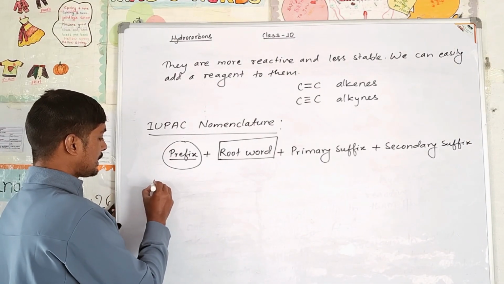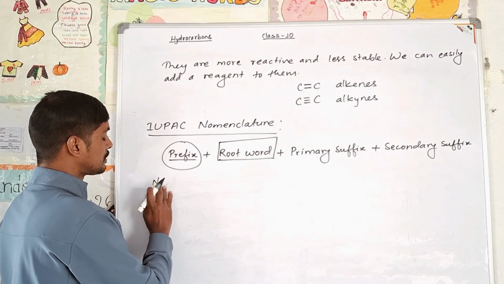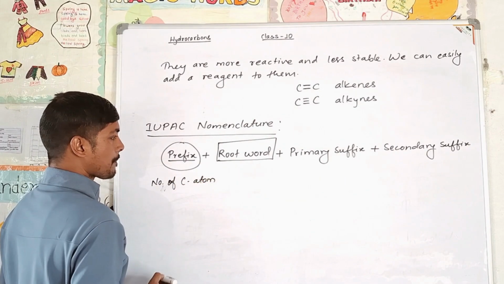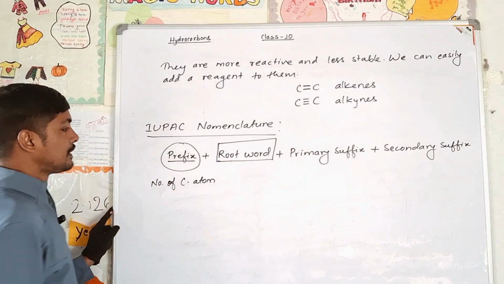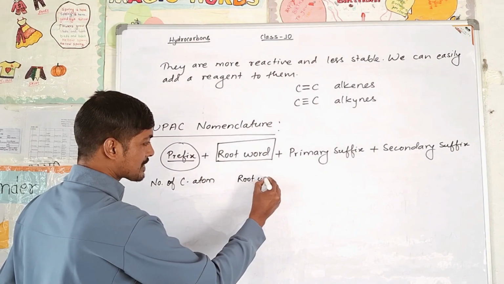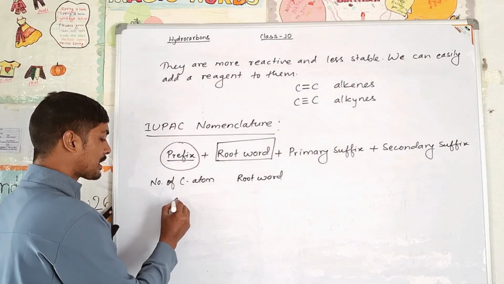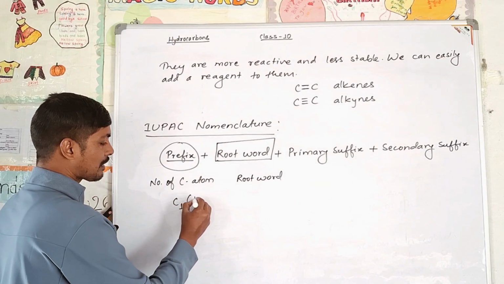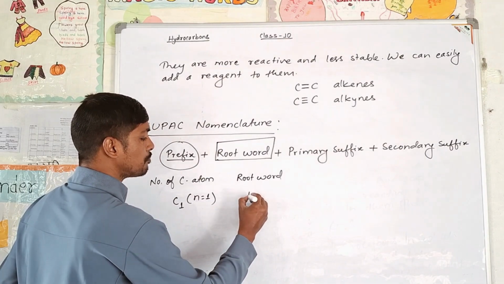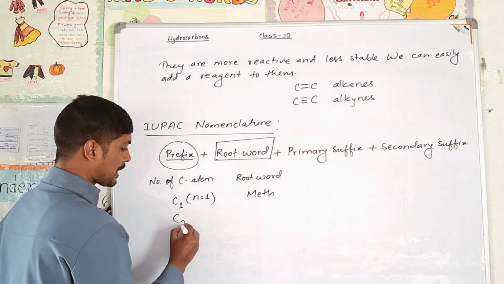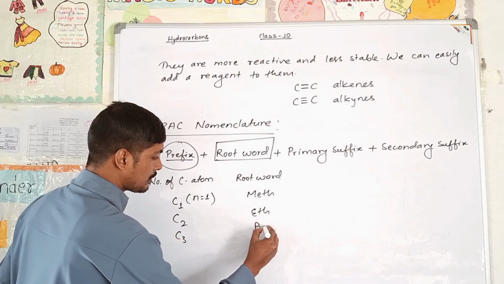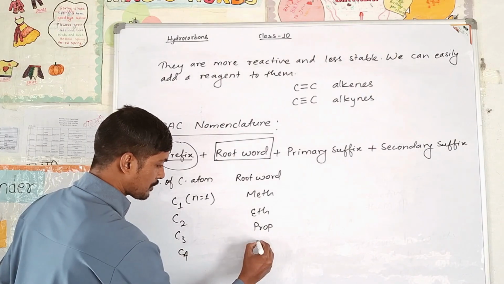It depends upon the number of carbon atoms present in any hydrocarbon. If there is only one carbon, then the root word will be meth. 2 carbons, root word eth. 3 carbons, root word prop. 4 carbons, root word but.